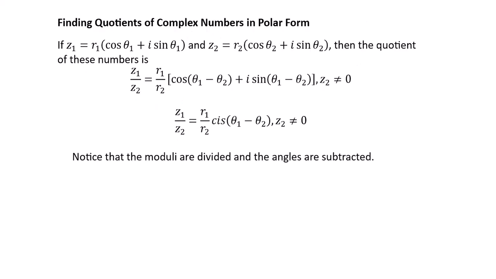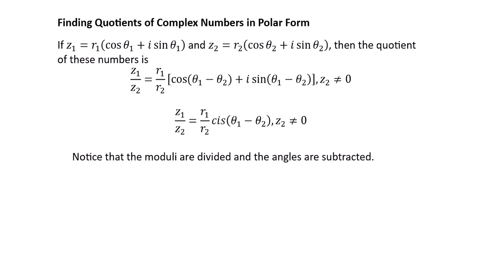Finding quotients of complex numbers in polar form. If we have z sub 1 and z sub 2 as shown, then the quotient of these numbers will be z sub 1 over z sub 2 equals r sub 1 over r sub 2 times the cosine of theta sub 1 minus theta sub 2 plus i sine of theta sub 1 minus theta sub 2. z sub 2 cannot equal 0.